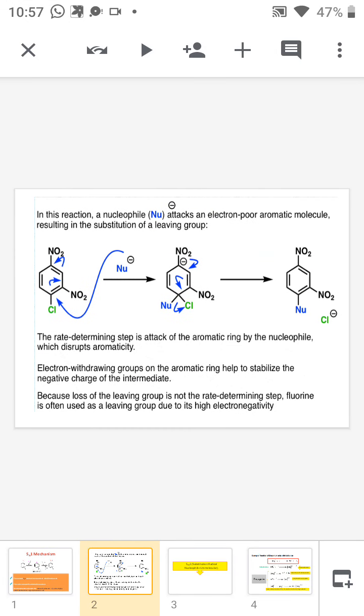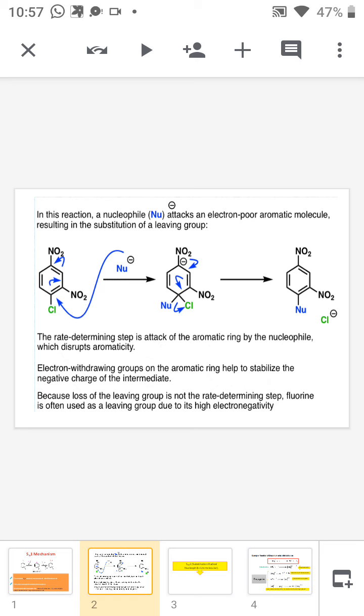In this example we can see that the benzene ring is substituted with electron withdrawing nitro groups. There are two nitro groups. As the electron withdrawing groups increase, the rate of the reaction also increases. Then there is one more substituent present in the ring, that is chlorine.